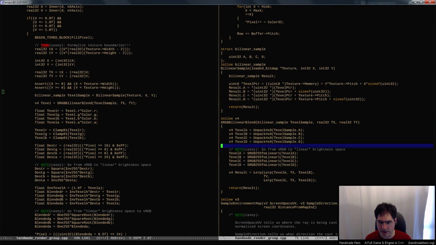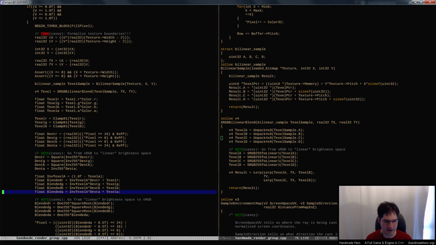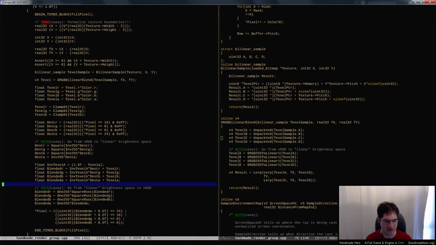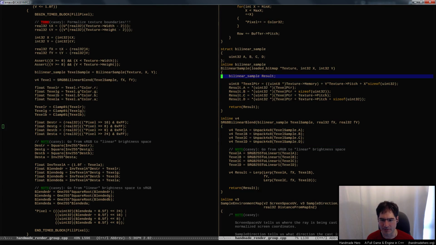My sRGB bilinear blend has to do a bunch of unpacks. You can see that this is really nasty. Look at this. This is just a beast. All of this stuff is really pretty mundane; there are just not that many operations here. We've got them all written out. It's not that bad to deal with. But the bilinear blend with the sampling is just nasty, right? The actual loads are not that many operations.